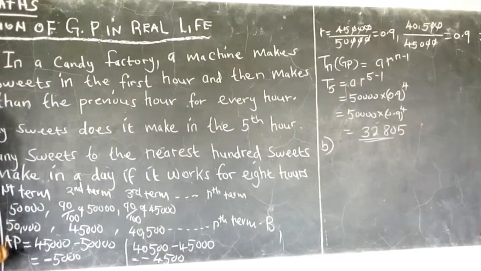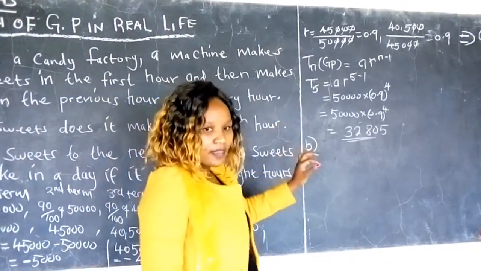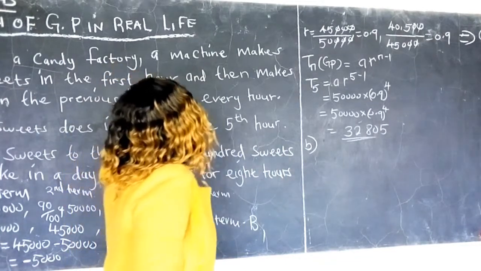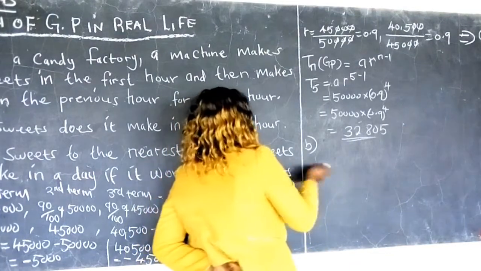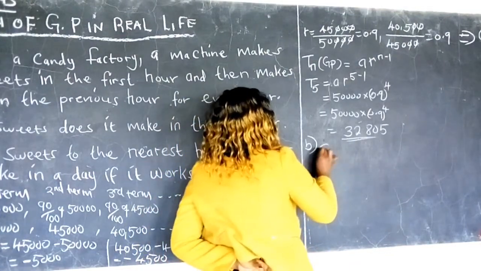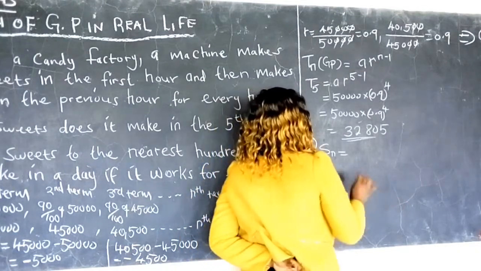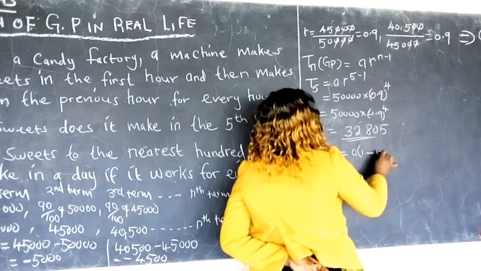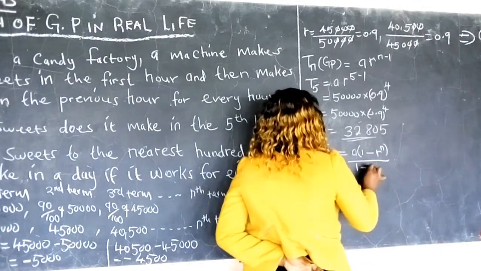That is why I consider using the formula for the sum of n terms of a GP, where the sum of n terms of any GP is A times (1 minus R^n) all over 1 minus R.